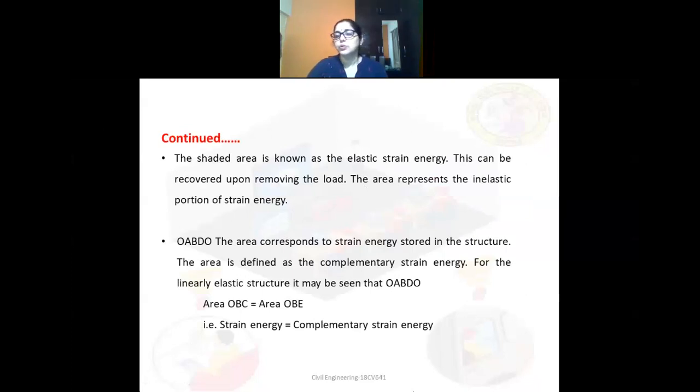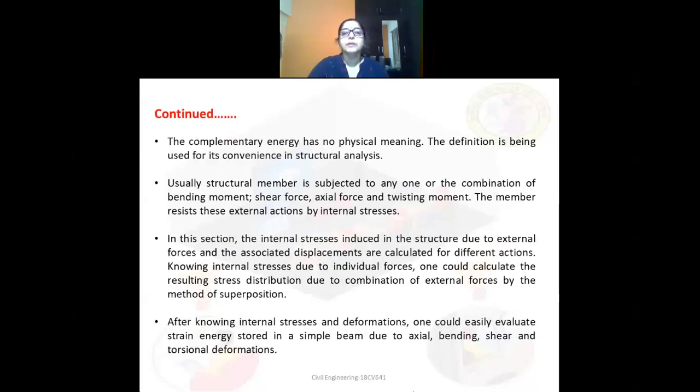Therefore, strain energy is equal to complementary strain energy. So the complementary strain energy does not have any physical meaning. The definition is being used for its convenience in structural analysis.